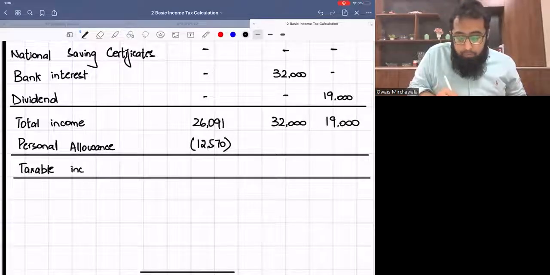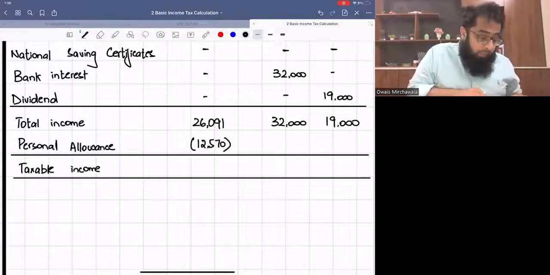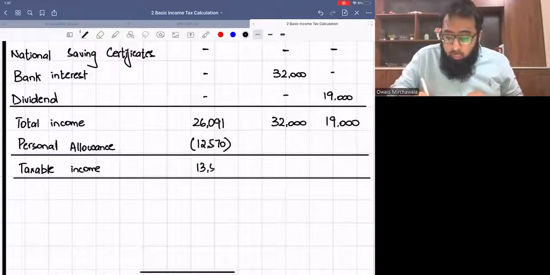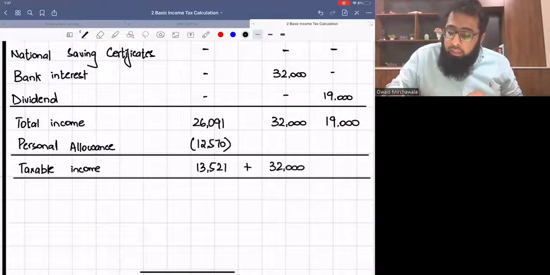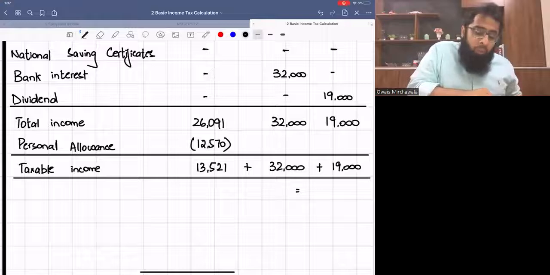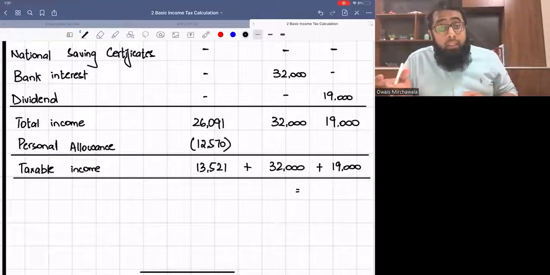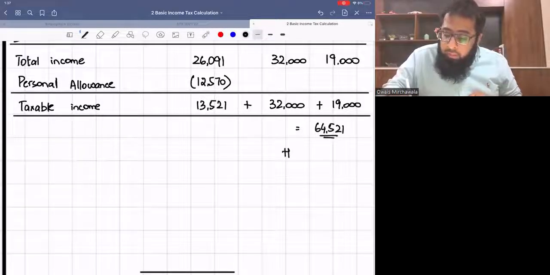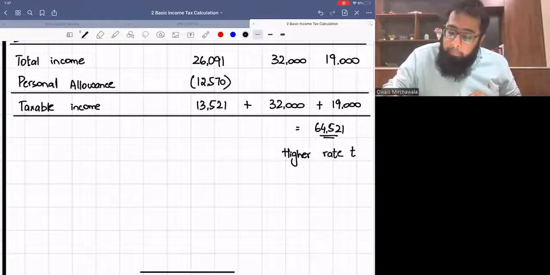Now, when we deduct the personal allowance of 12570, non-saving is 13521. Saving income is 32,000 and dividend income is 19,000. So if I add up all of the taxable incomes, because this is used to determine what 0% band will be used, it is 64521, which shows that we are a higher rate taxpayer on total.